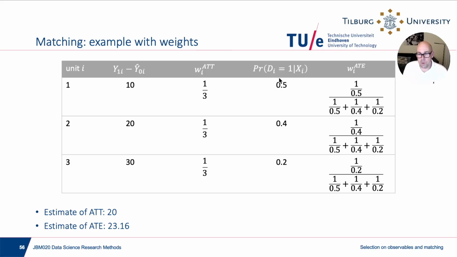So for 0.5, I would then have a weight that is 1 over 0.5, and then here in the denominator I simply sum up over all the weights I get in that way.